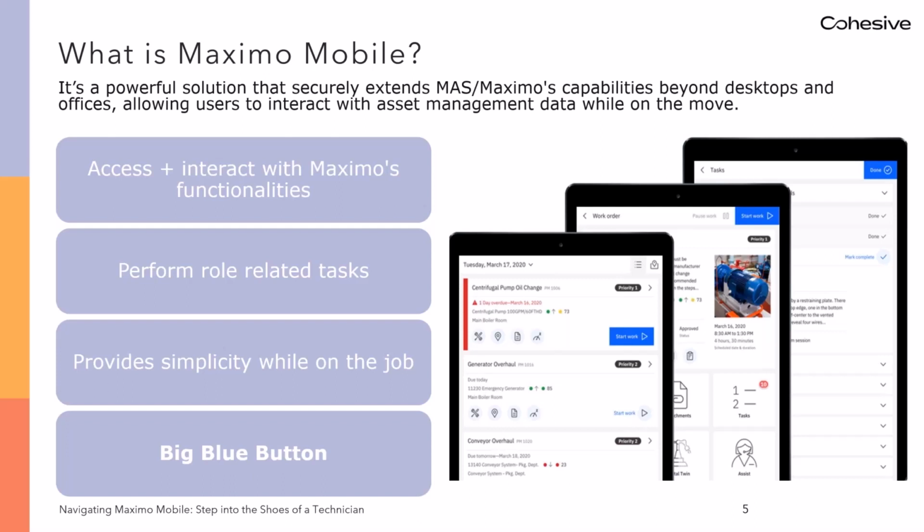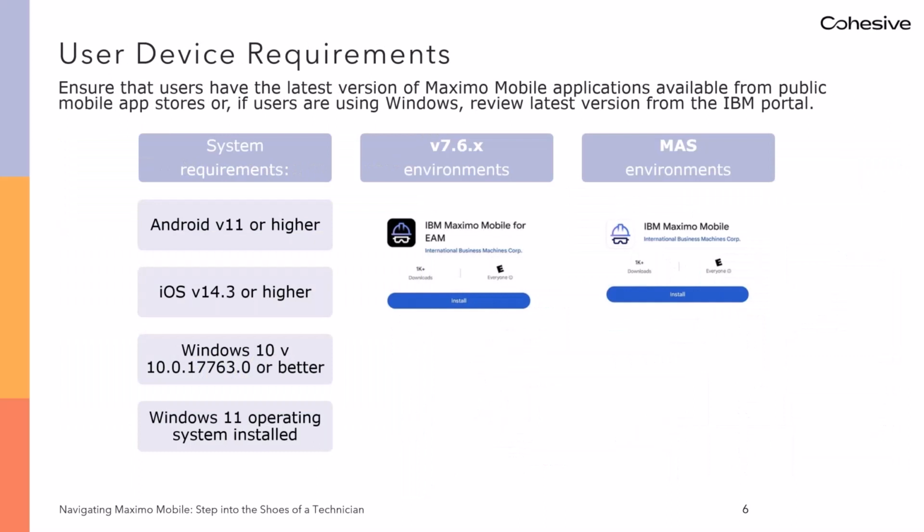It's also important to mention that with each new Maximo Mobile version release, there are new enhancements enabling users to work smarter, faster, as well as more seamlessly within the Maximo ecosystem.